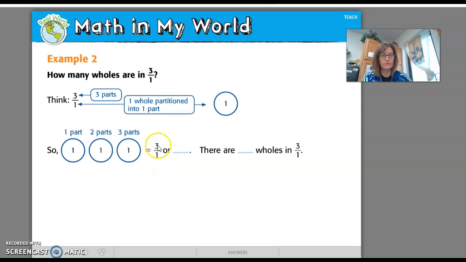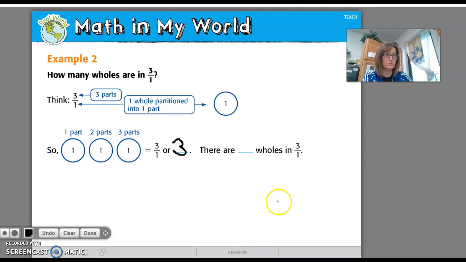If we have 3 full pizzas that are not cut, then we have 3 whole pizzas. So our pieces are wholes. There are 3 wholes in 3/1.